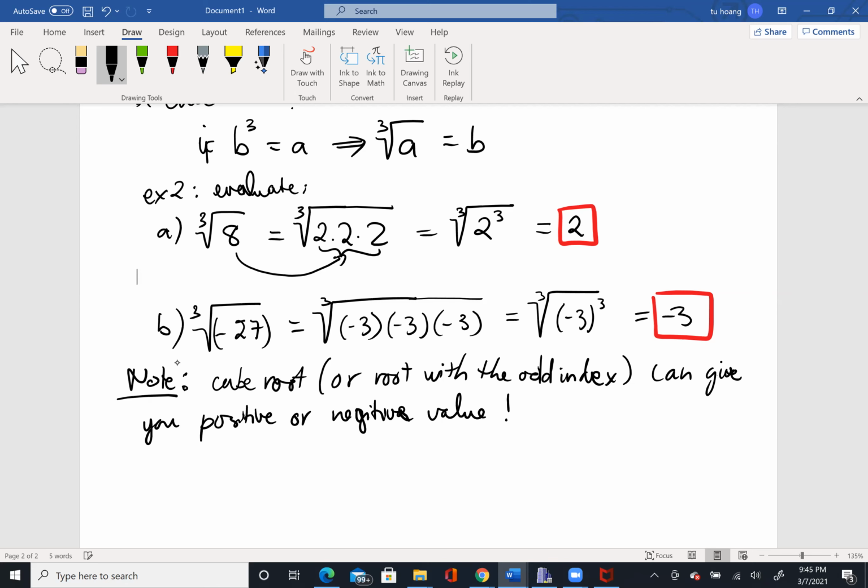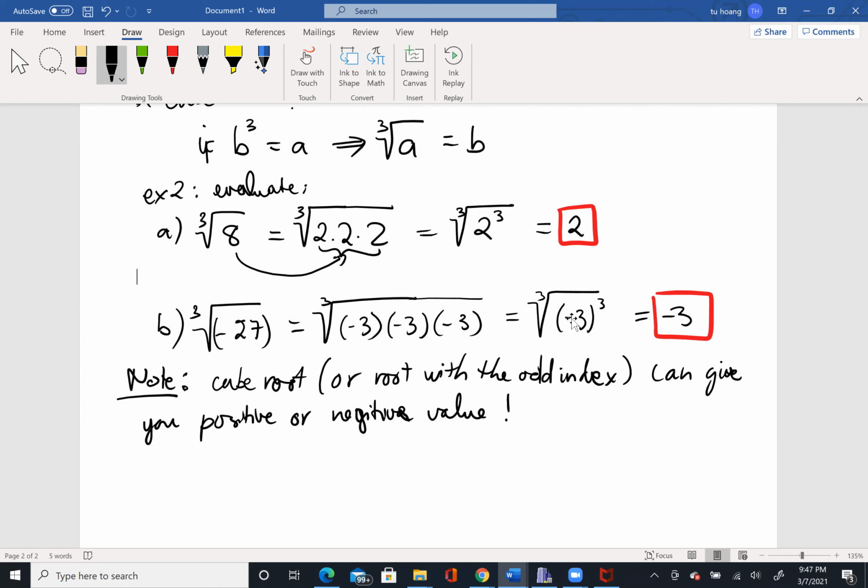So it could be positive or negative. It doesn't have to be just positive. It could be negative for the cube root.